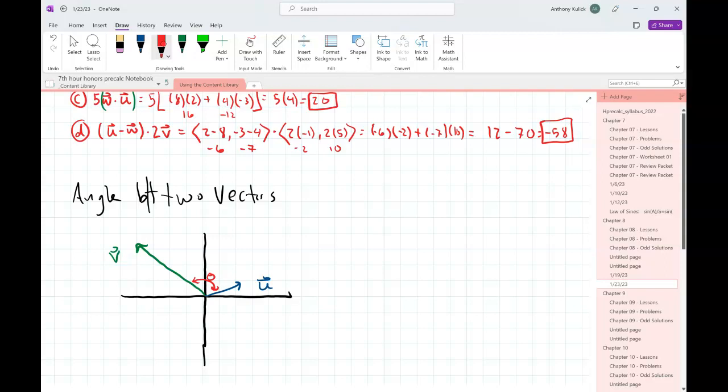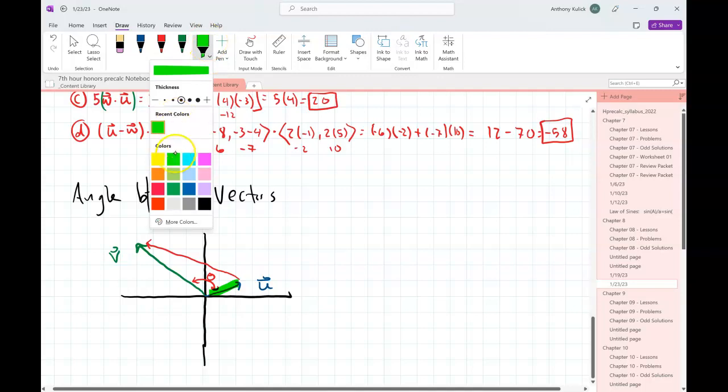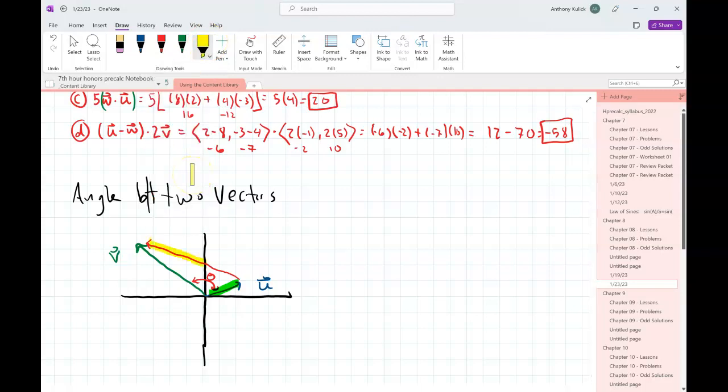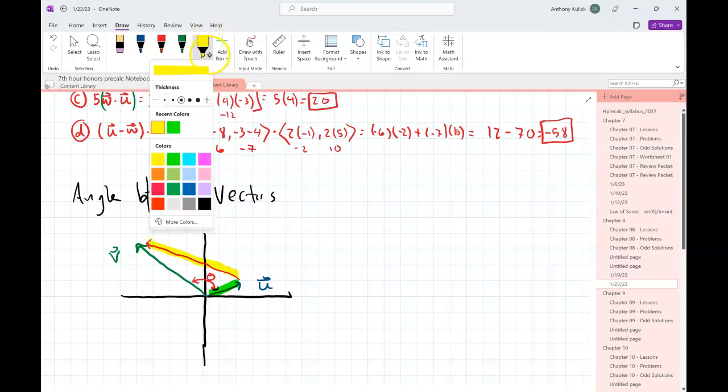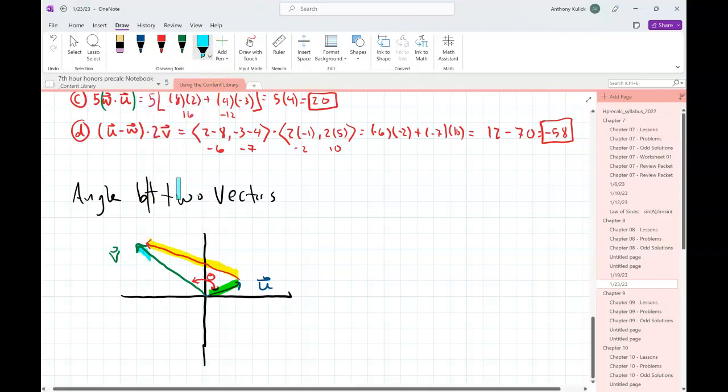For the third side, I'm going to draw this vector. Remember how we add vectors, we add them head to tail. So I'd have u plus this vector in red is going to equal my vector v in green there.